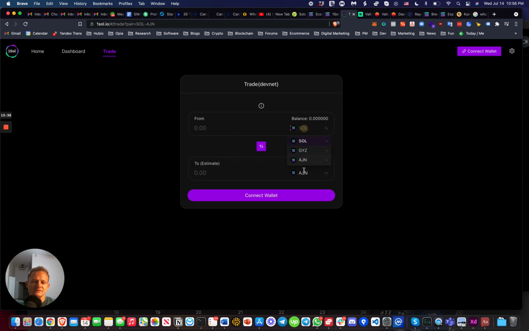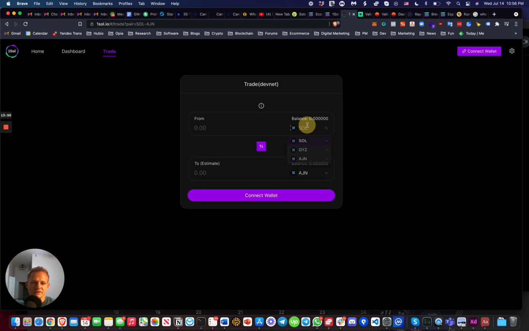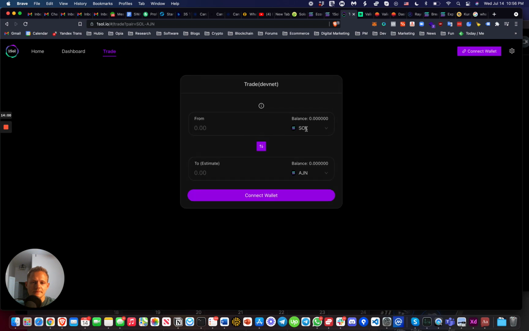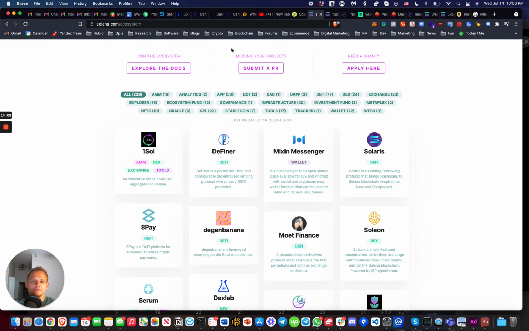Okay, but you were just saying cross-chain DEX aggregator for decentralized protocols on Solana. Okay, so where's the cross-chain? Seems like we're a little bit early to the party. Might be a little bit early here. That's fine. Doesn't hurt to try. Maybe I'm not using it correctly.